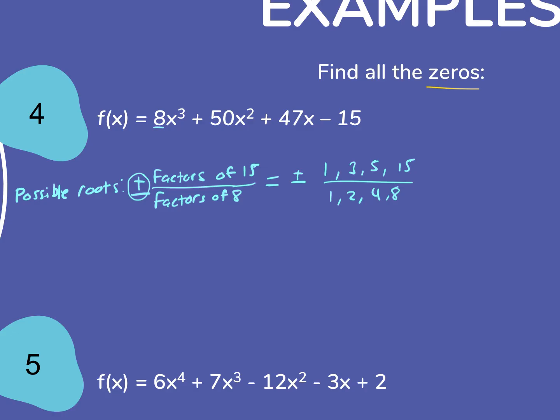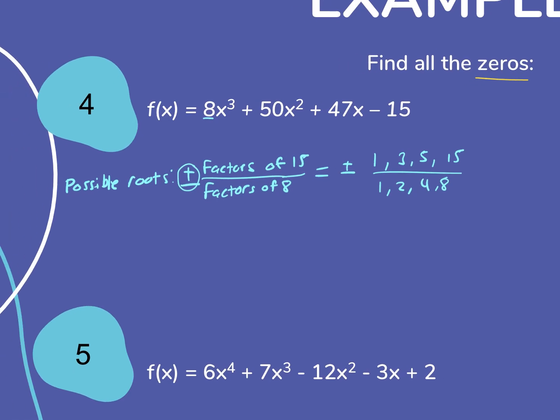Now, the way it's written like this, it might look a little confusing. What numbers can we actually pick from? Well, I'm going to write it out off to the side over here. I'm first going to start with writing everything over 1. So I'm going to have 1 over 1, 3 over 1, 5 over 1, and 15 over 1. Now I'm going to put everything over 2.